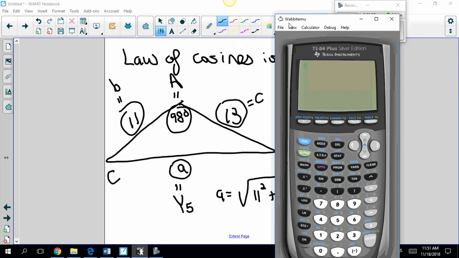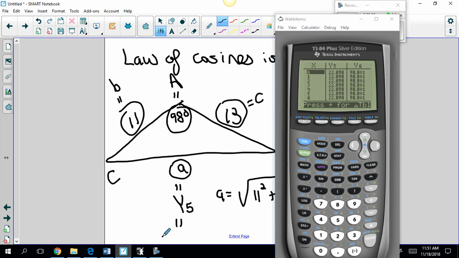So what I'm going to do is go 98 stow alpha A, 11 stow alpha B, and 13 stow alpha C. And then you're going to look in your table at Y5. And you see how Y5 is 22.8898? That's what you get.